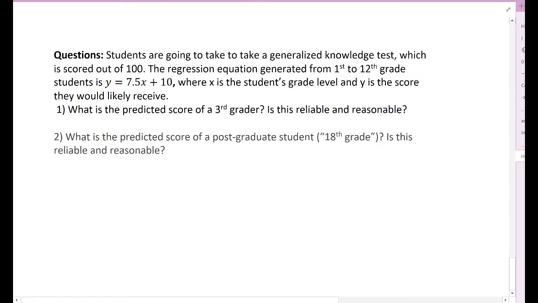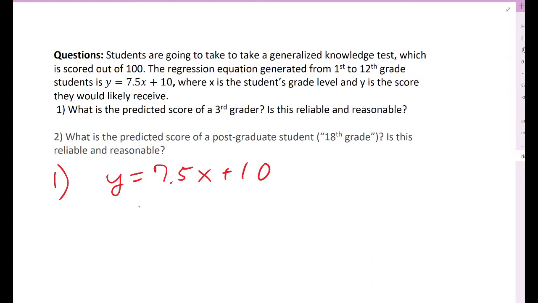Okay, here we go. Question 1. What is the predicted score of a 3rd grader? Well, we know that our best fit line, equation 1, is y equals 7.5x plus 10, where y is the student's score and x is their grade level. To figure out the score of a 3rd grader, all we have to do is plug in 3 for x.